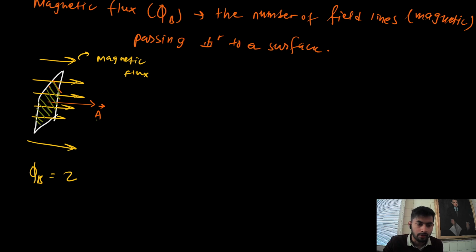So magnetic flux, the number of magnetic field lines passing perpendicular to the surface, which is shaded in green with a square boundary with white color. So the literal definition is the number of field lines passing through a surface.